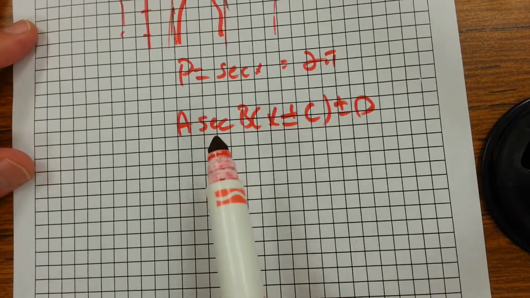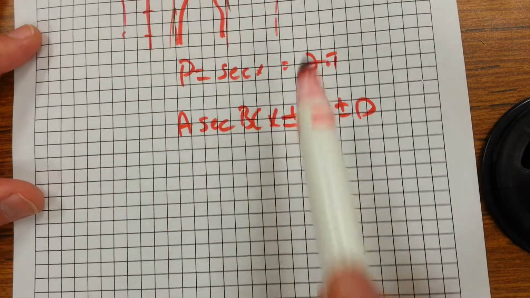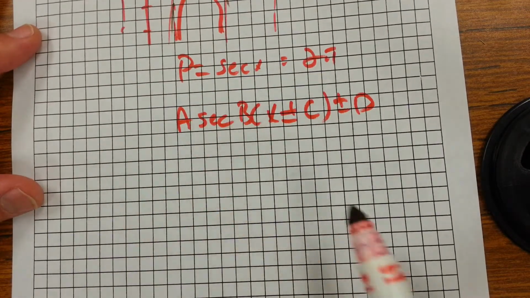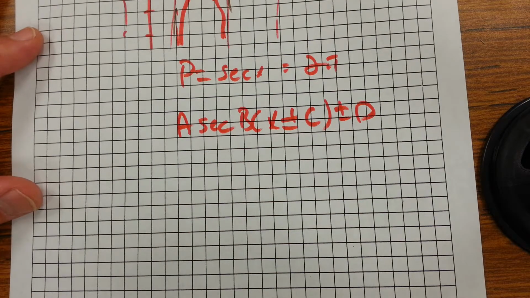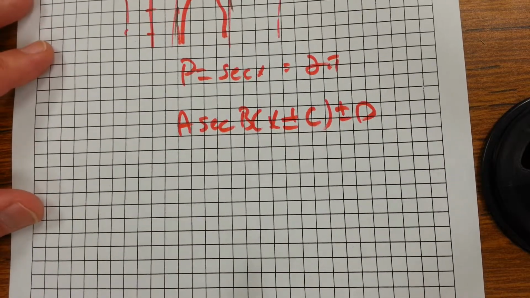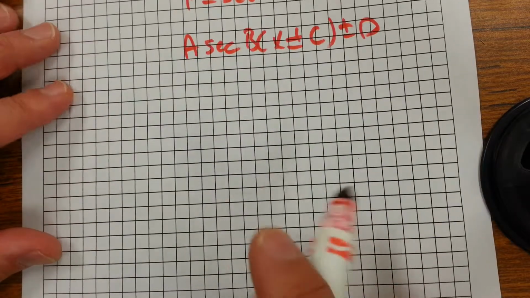The best way to handle that would be to plot your cosine for the new period first, as we've been doing, and then where it's 0, plot your secant.